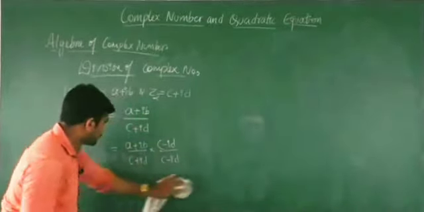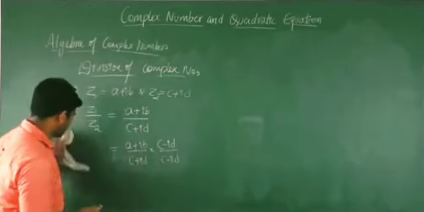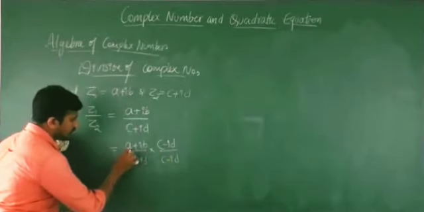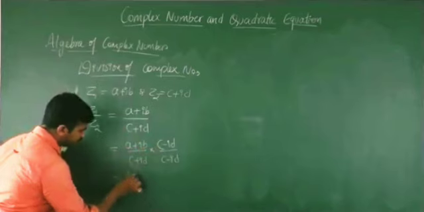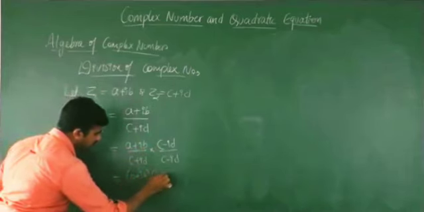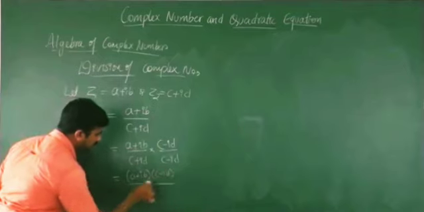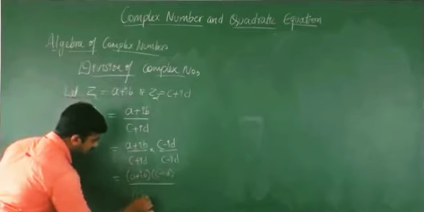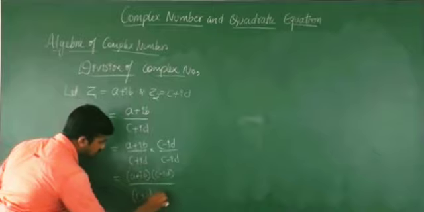So what we'll get is a plus ib into c minus id, divided by c plus id into c minus id.